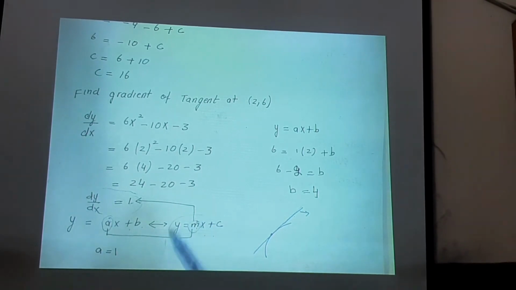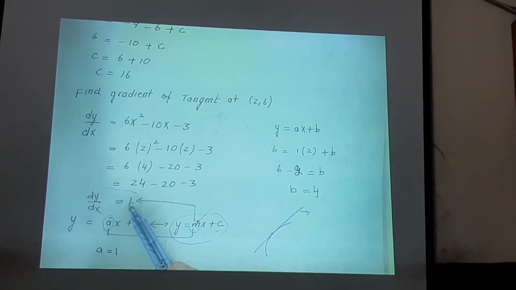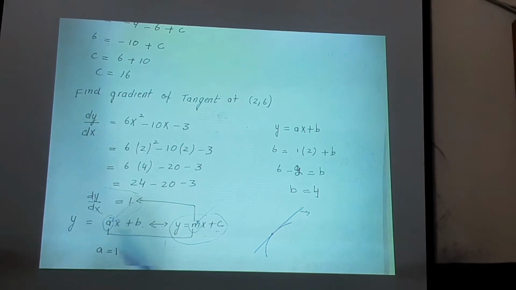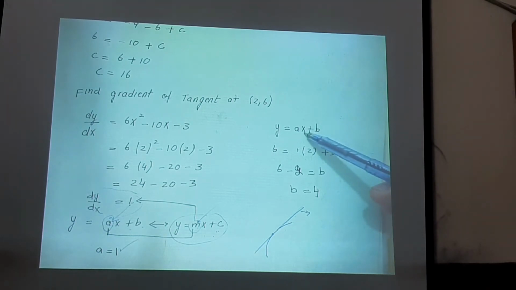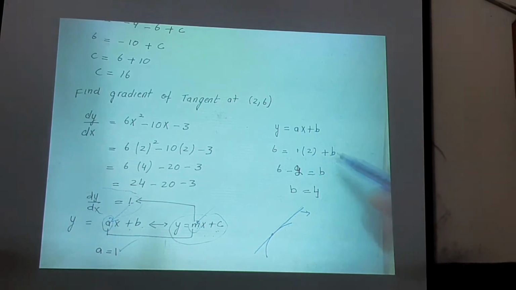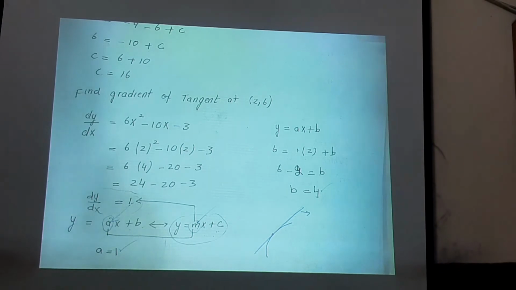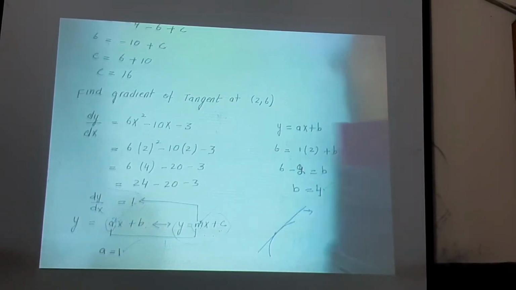When your equation of line is expressed in the form y is equal to mx plus c, the coefficient of x, which is m, represents gradient, and gradient is 1. So a will be equal to 1. Now when you have the value of a, which is 1, you put x equal to 2 and y equal to 6, and upon simplification you will get b is equal to 4. So you have obtained a, b and c.